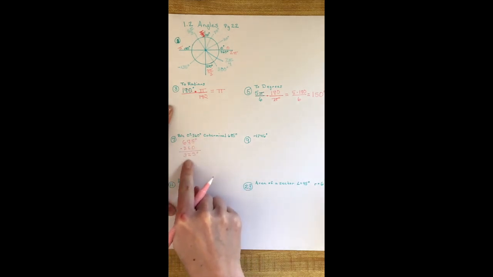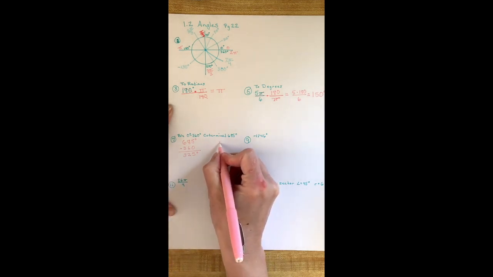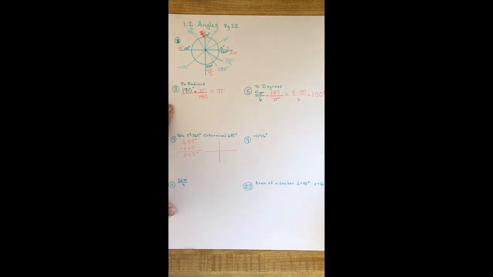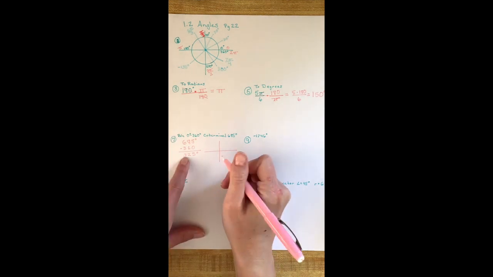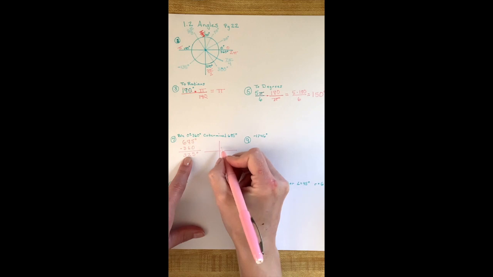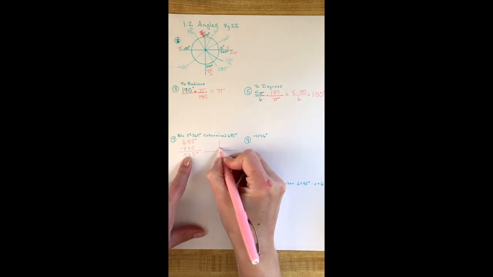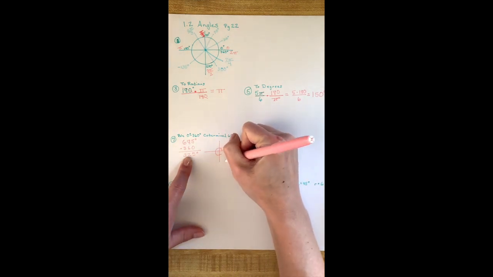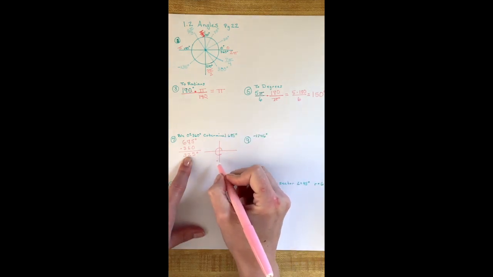Well, 325 is between 0 and 360. So if we were looking at that on a circle on our coordinate plane, 325 is about here. So that's 325 degrees from the beginning.